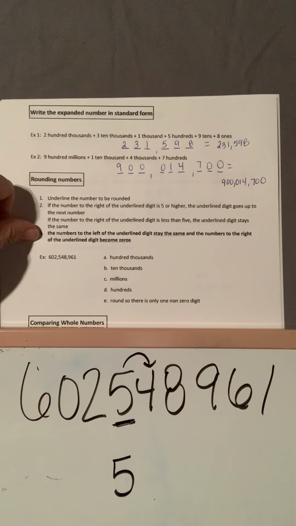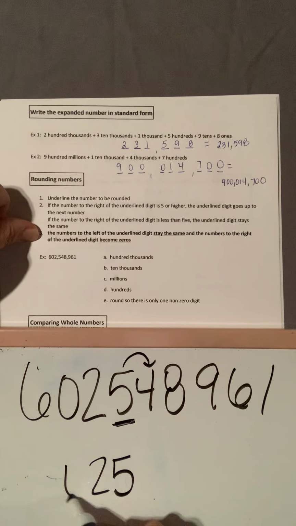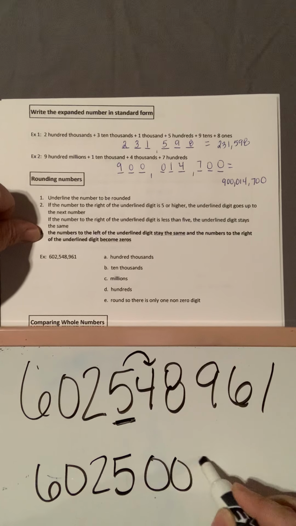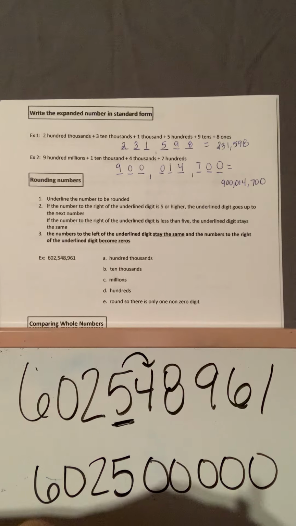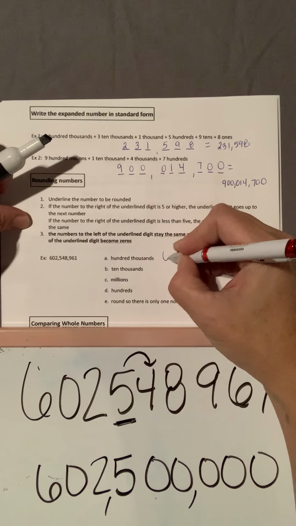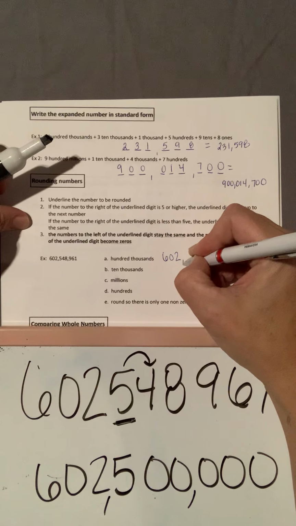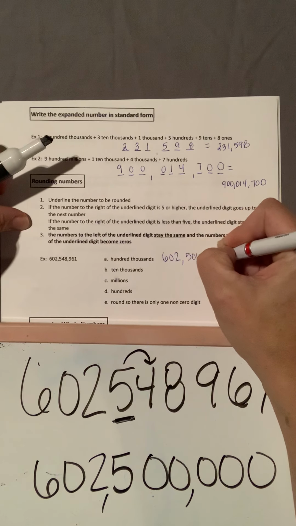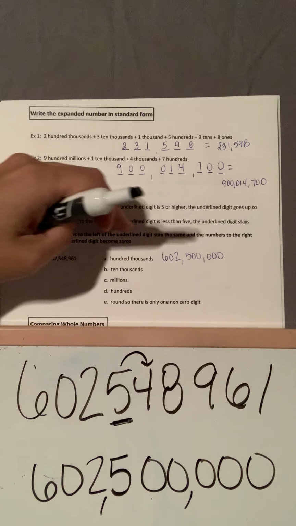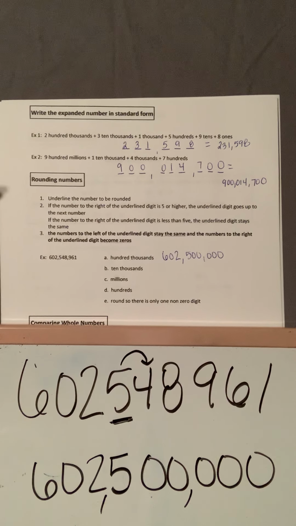All the numbers to the left stay the same, and all the numbers to the right become zeros. So your answer is 602,500,000. If you started with 9 numbers, you have to end with 9 numbers.